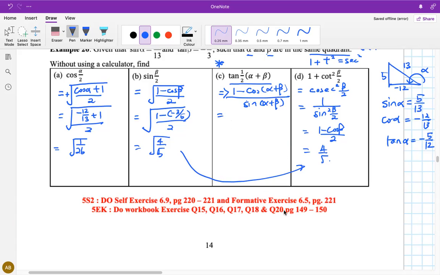We are using this property: tangent theta over 2 is (1 minus cos theta) over sine theta, or you can use sine theta over (1 plus cos theta) to solve. So theta here will be alpha plus beta. In this one, you need to use the addition angle formula to solve. So you continue. All right, so my answer is negative 1/7.